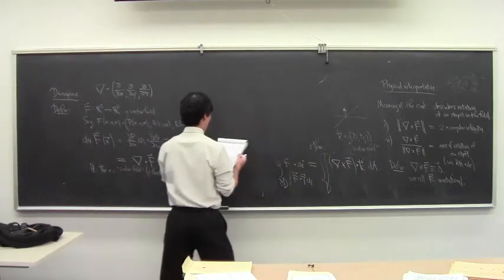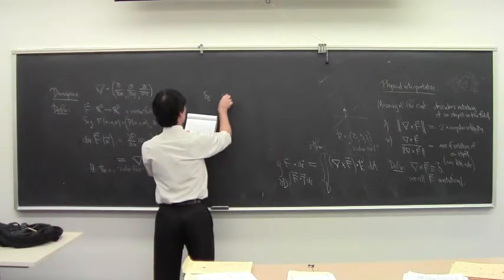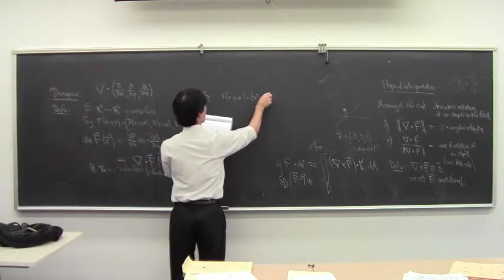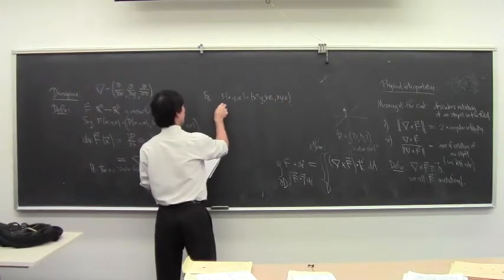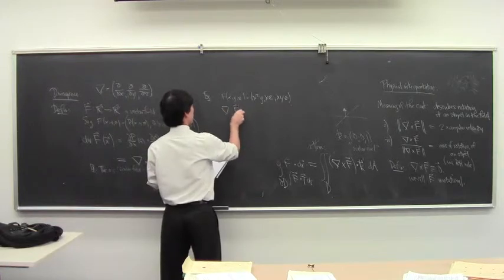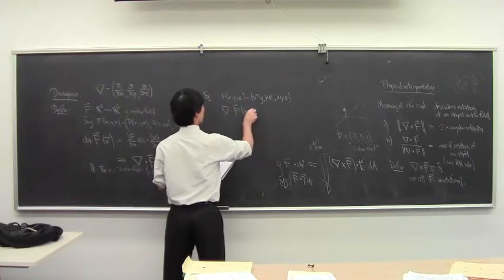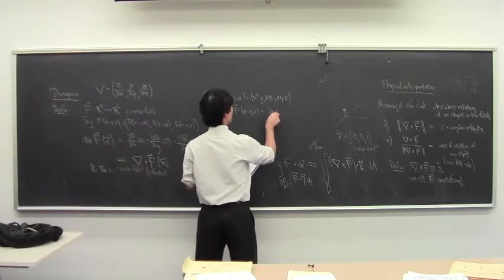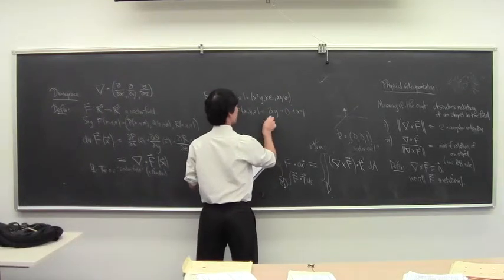So again, for example, if I let f of x, y, z be x squared y, xz, xyz, well, then the divergence of that guy is going to be the partial of this with respect to x, the partial of this with respect to y, the partial of this with respect to z. I get 3xy.